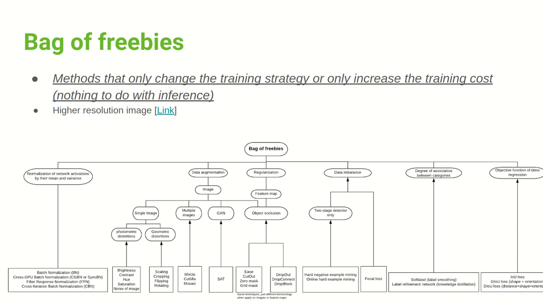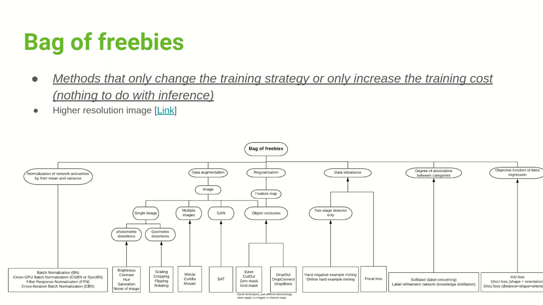If you see the data augmentation category, going down would be single image or multiple image. Let's have a look first at the single image. You can categorize them into different categories like photometric distortion or geometric distortion. You can change the image properties of the photometry, like brightness or saturation.